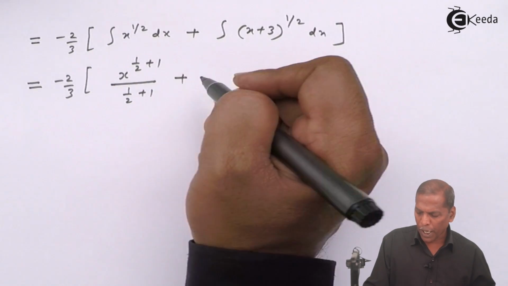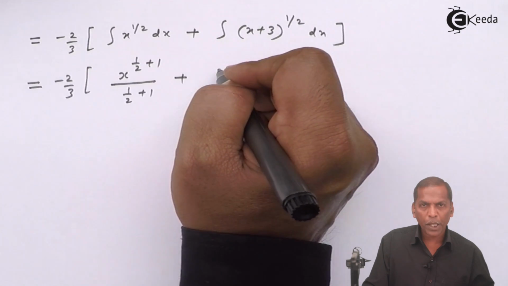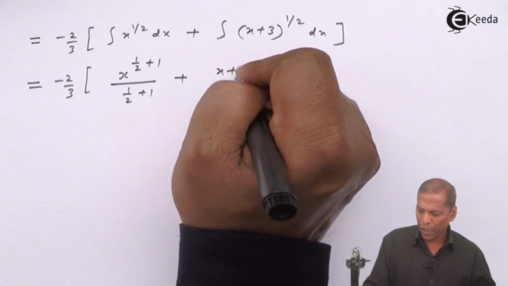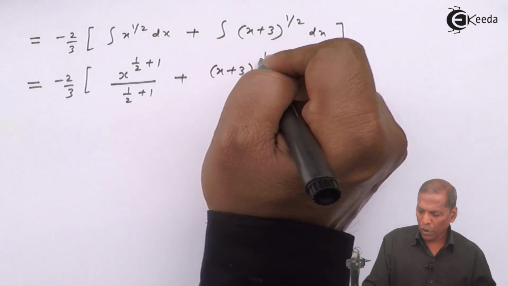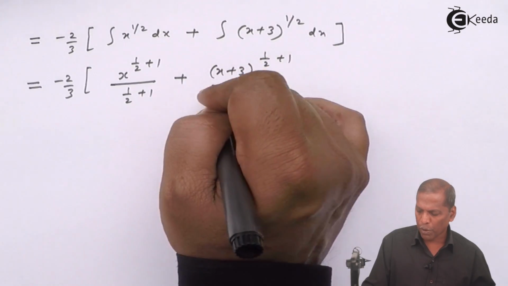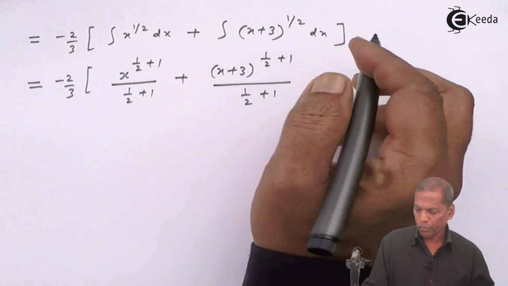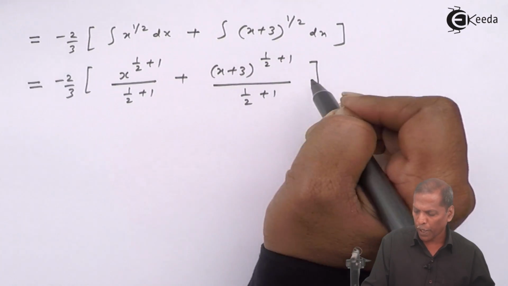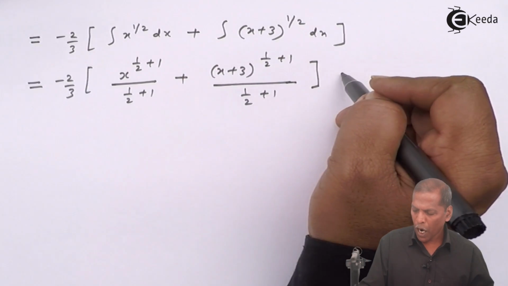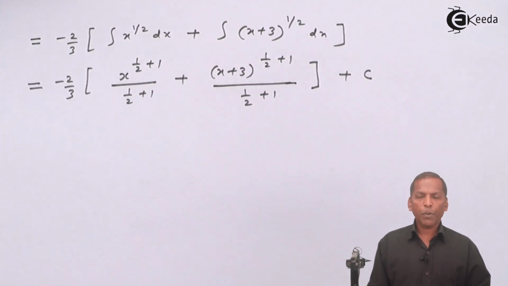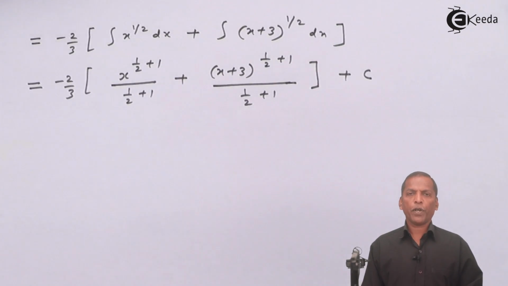Then we write the plus sign as it is. We apply the same rule for the second integral. So we get x plus 3 raised to 1 by 2 plus 1 upon 1 by 2 plus 1. And finally the square bracket is completed. After that we write plus c. Now here c represents the constant of integration.